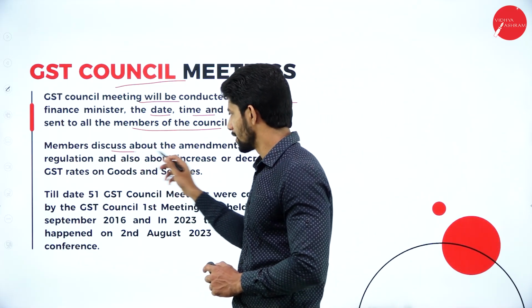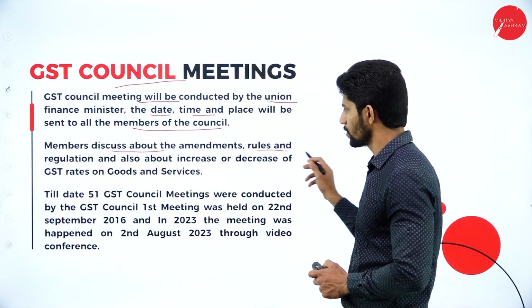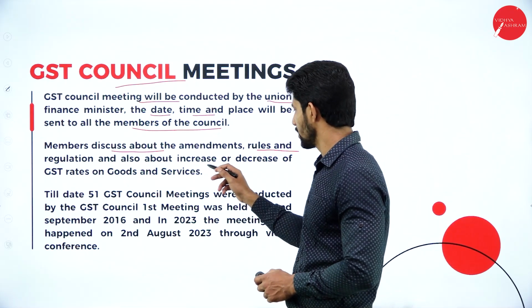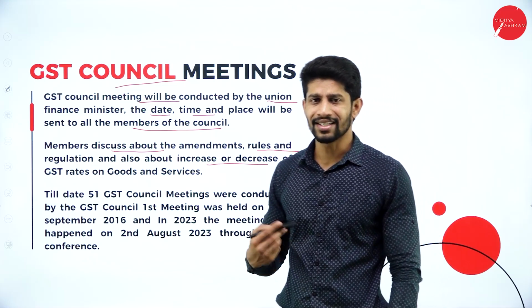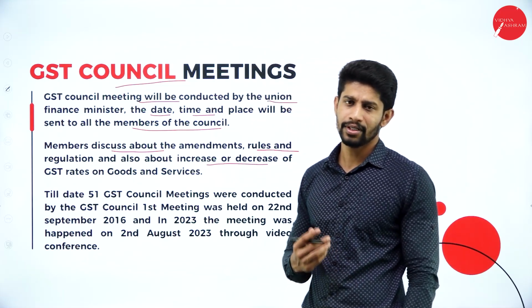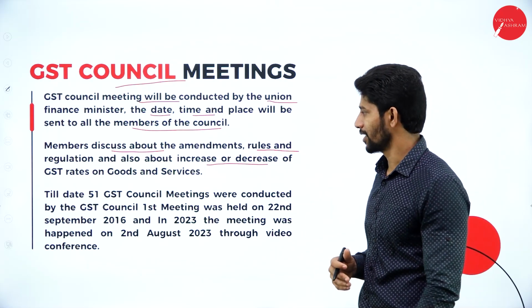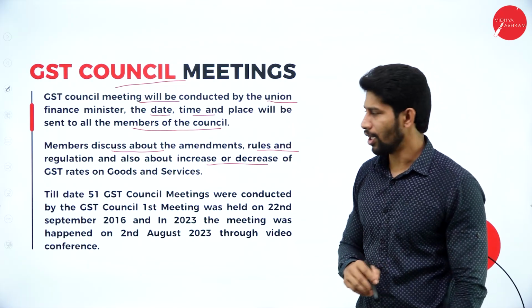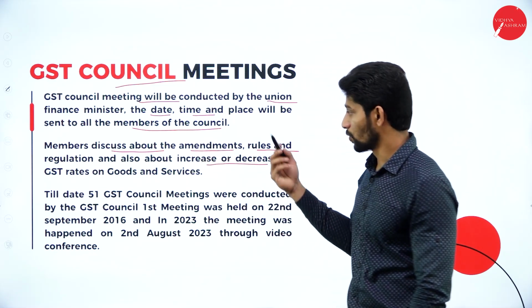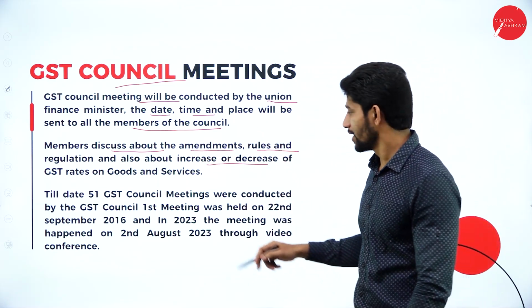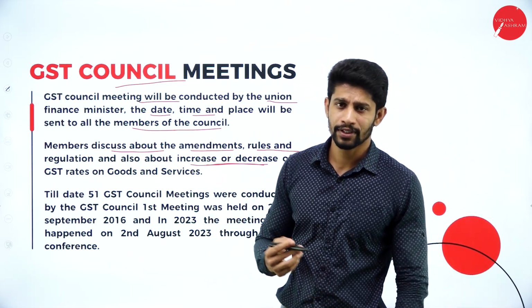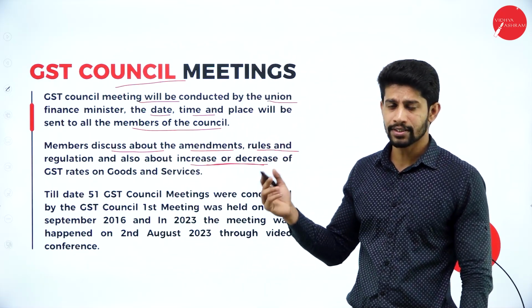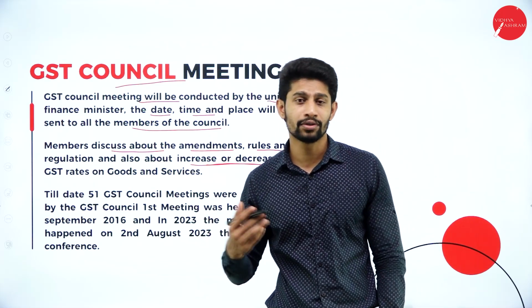So what do they discuss in the GST Council meeting? The members discuss the amendments, rules and regulations of GST, and also the increase or decrease of GST rates on goods and services, whether to increase rates from 12 to 18% or 18% to 28%, or to decrease from 28 to 18, 18 to 12 or 12 to 5.